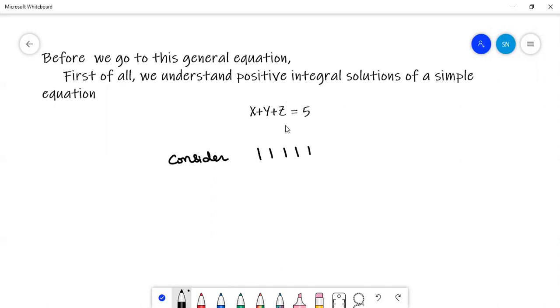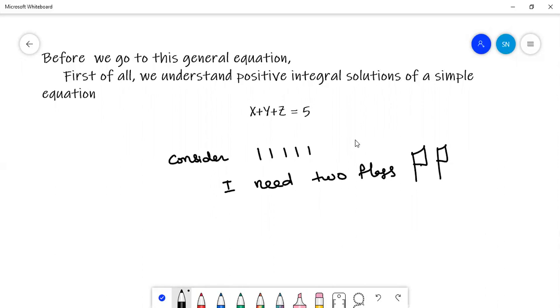In order to partition the 5 ones into 3 groups, we need two separations. The two separations will make these 5 ones into 3 groups. So that's why I need two flags. So this is one, and this is another flag.